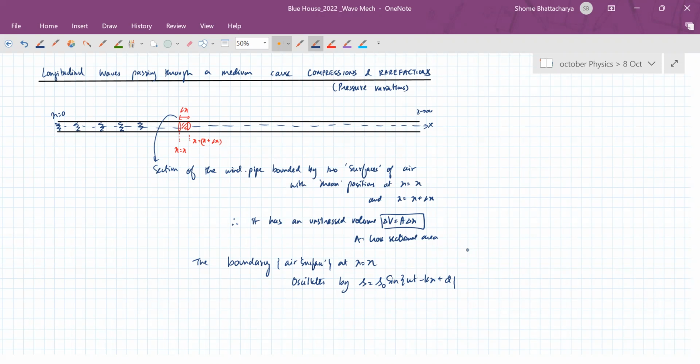Okay, whereas the other boundary oscillates with a slight phase difference, because its location is different. So if we consider the other boundary, just a second.